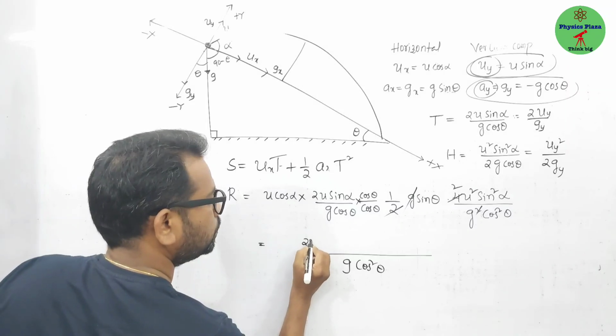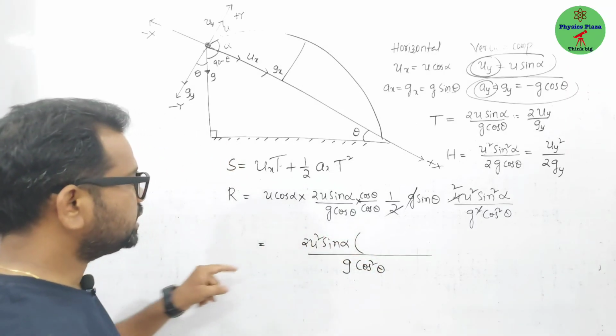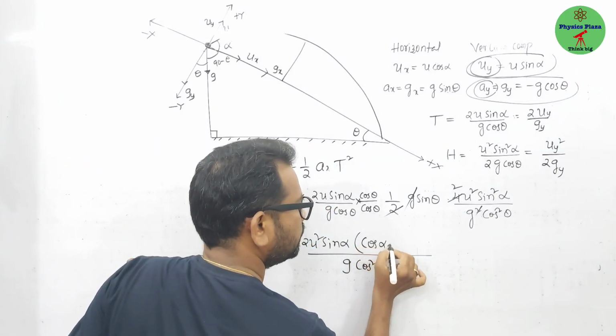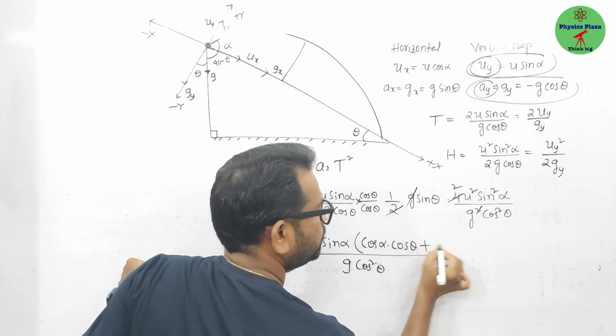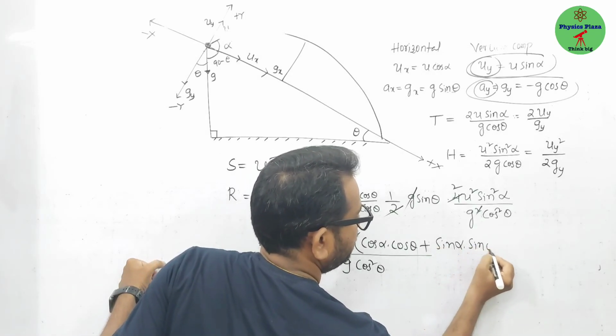So it is 2u square sin alpha into cos alpha cos theta plus sin alpha sin theta.